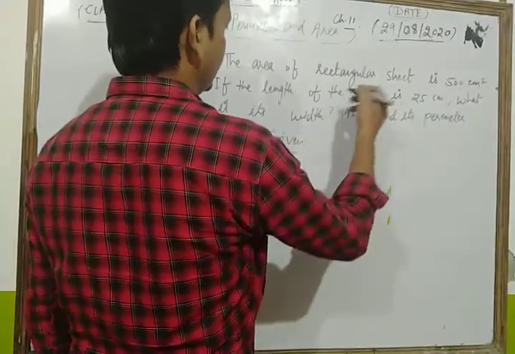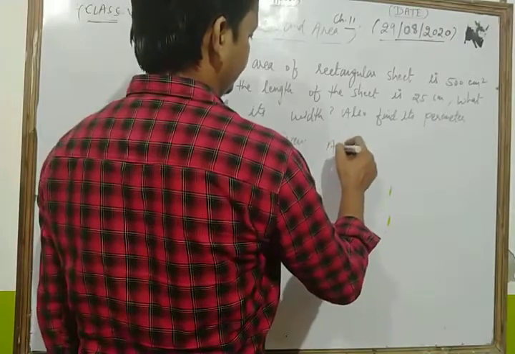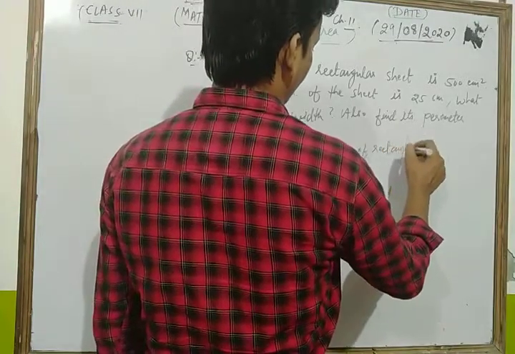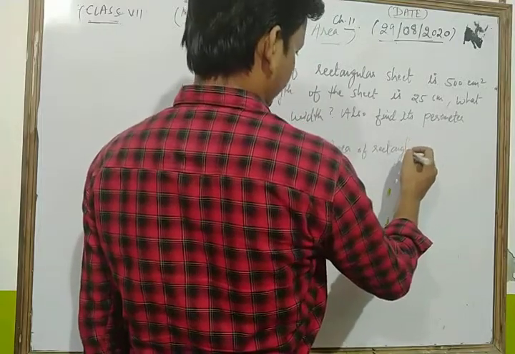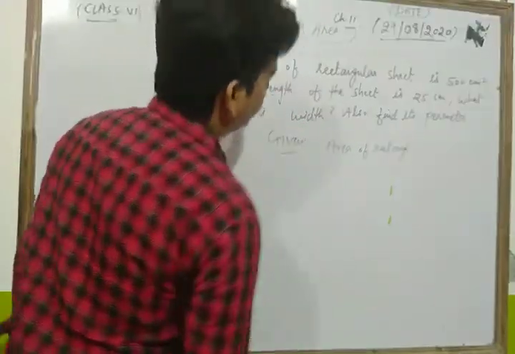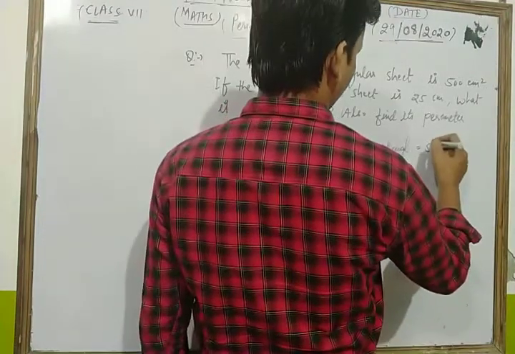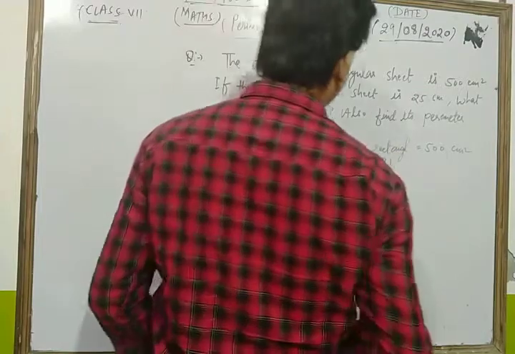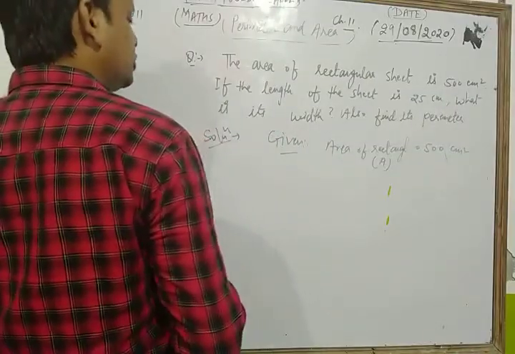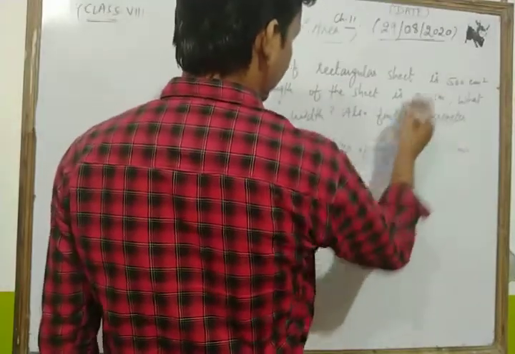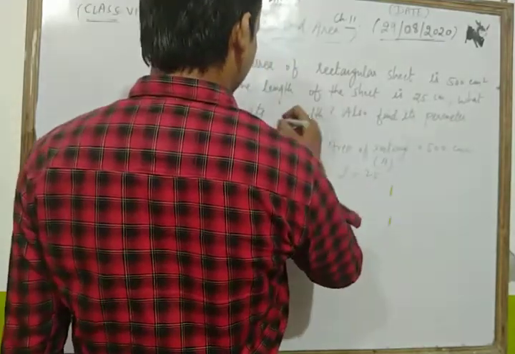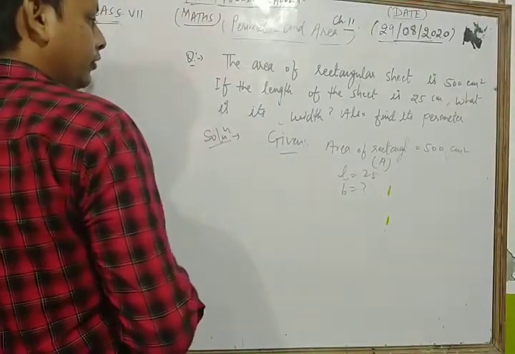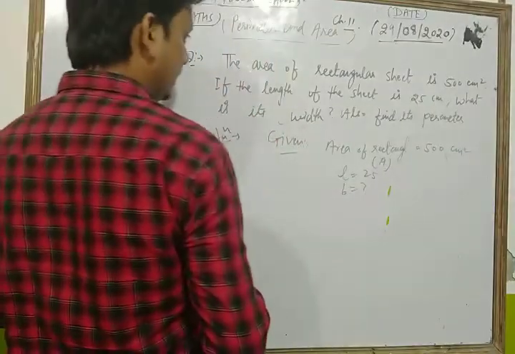We have the area of the rectangle, which is 500 centimeter square. Area is also denoted by the letter A. The length of the sheet means length L, and L is 25. We find its width or breadth. Now we apply the formula for the area of the rectangle.